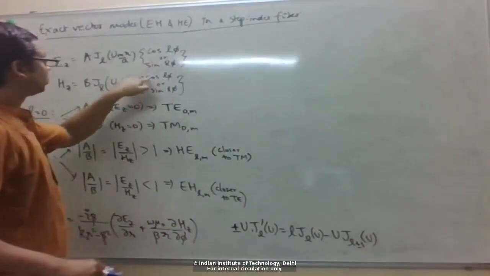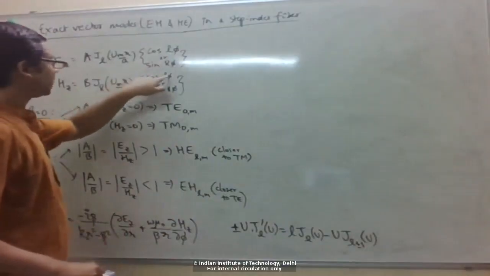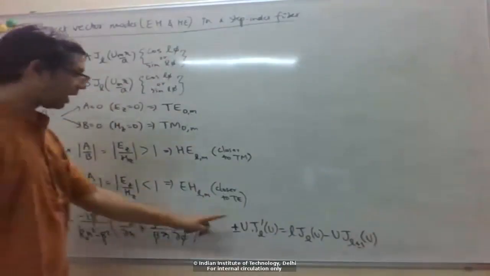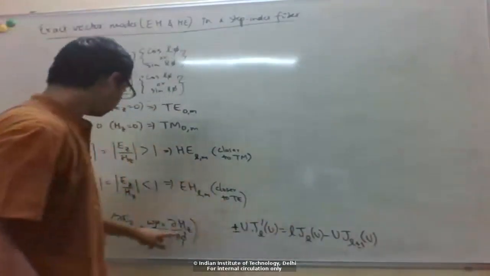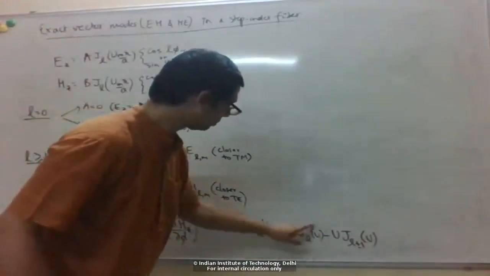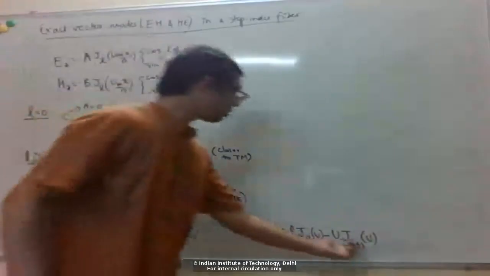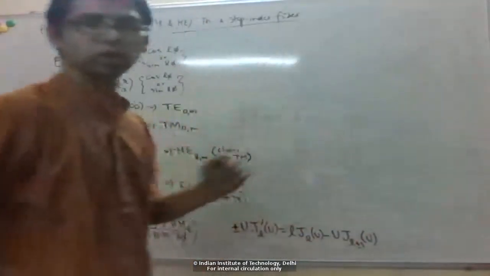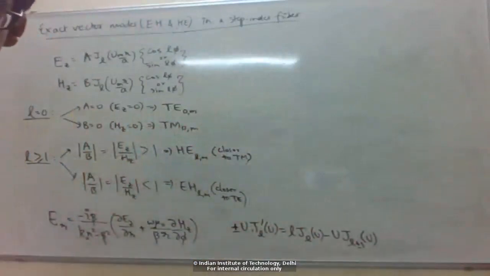The derivative of cosine Lφ will be L times sine Lφ. So that term will sort of cancel out with this term coming from the derivative. So we'll only be left with this Bessel function with higher or lower order.